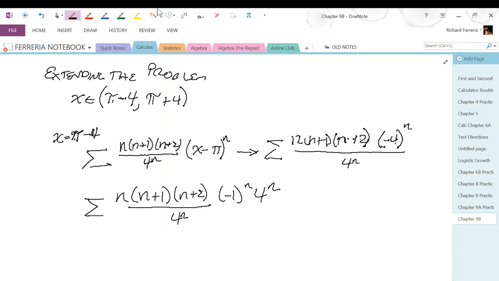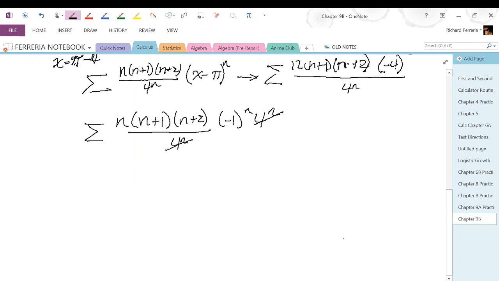The 4 to the n's cancel out, and the series becomes negative 1 to the n, n plus 1, n plus 2. Okay, that's a lot of simplification. That's probably why this problem, as stated, doesn't actually have you do this.